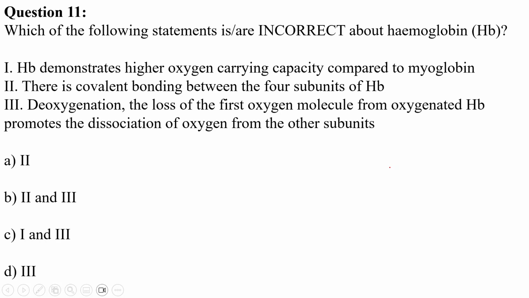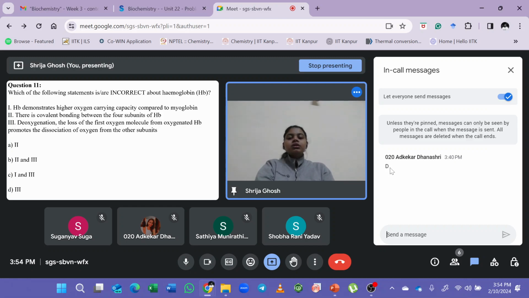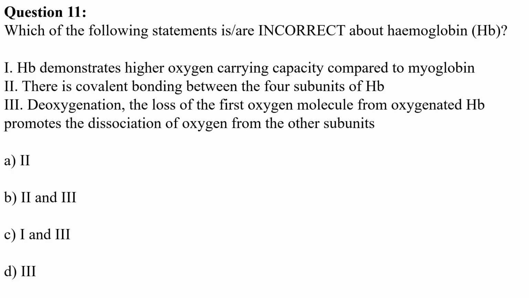So the first statement: hemoglobin demonstrates higher oxygen carrying capacity compared to myoglobin. This is a correct statement. Second statement, there is covalent bonding between the 4 subunits of hemoglobin. What is covalent bonding? Whether it's a strong bond or a weak bond.